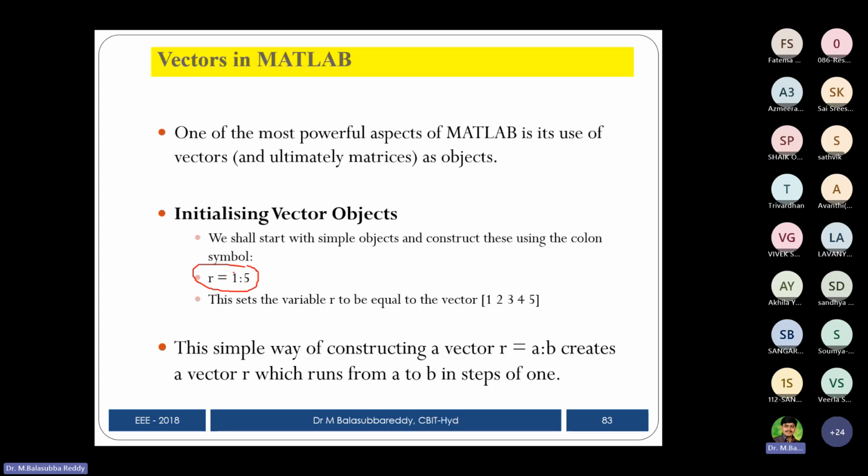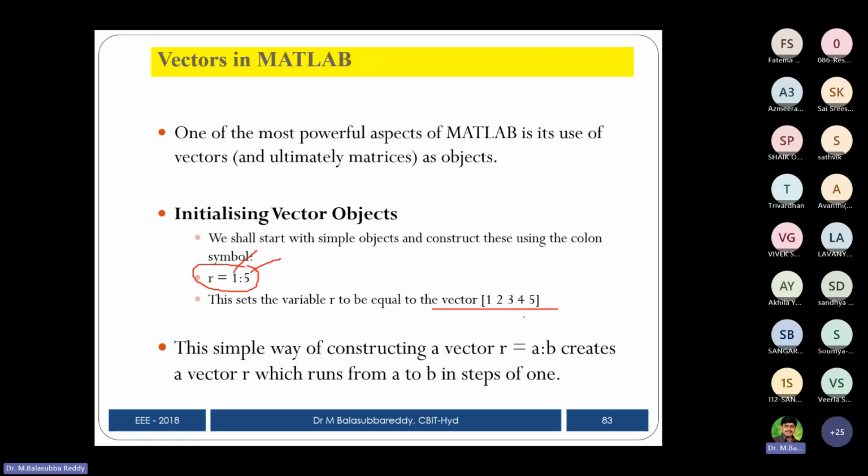The first is always the starting value, the last one is the ending value. So 1 to 5 means by default the increment is 1. Without specifying an increment, you write the starting value and ending value, and that is treated as an increment of 1. That's why your answer is 1, 2, 3, 4, 5, because I started with 1 and incremented by 1 up to 5.